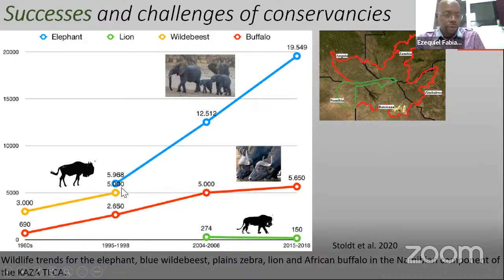For example, we can clearly see that elephants have been on the increase, wildebeests as well. Buffaloes have also been on an increase, although their range is much more restricted. And then also lions, although they show a small decrease, are much higher than they were prior.